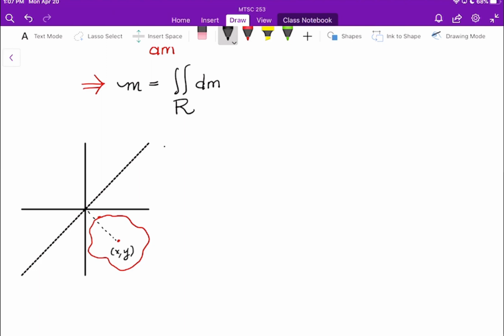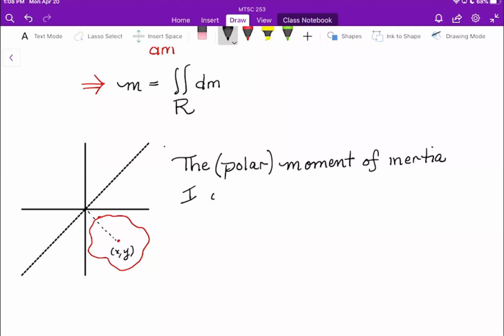All right, so we can talk about the polar moment of inertia I of the lamina R about the z-axis.